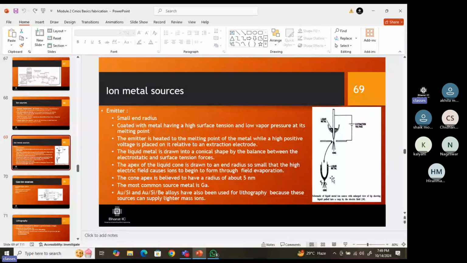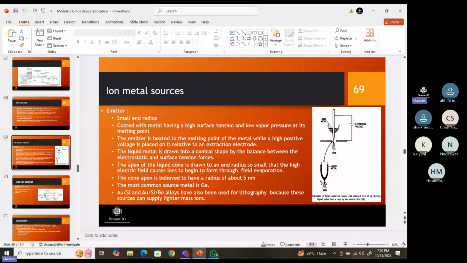Or like mehendi: when it is pressed out of the pouch, it comes out of the conical tube. That kind of structure is this.